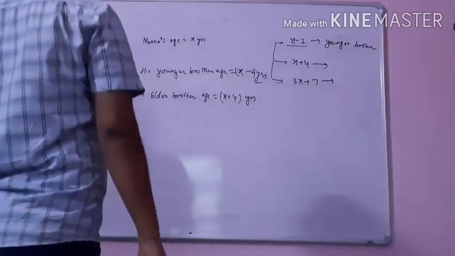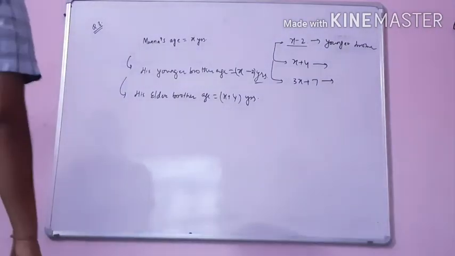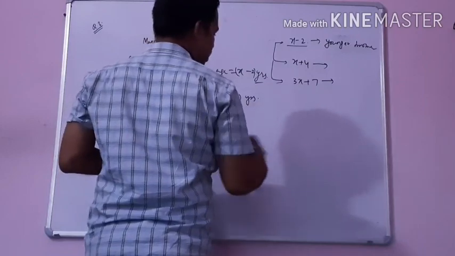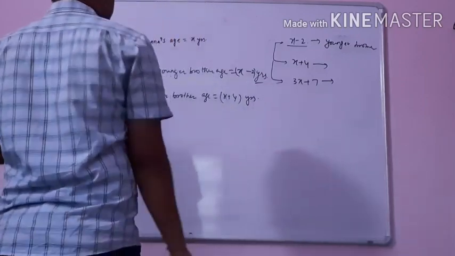Now 3x plus 7. We can consider 3x plus 7 as his father's age or mother's age. You can consider anyone.